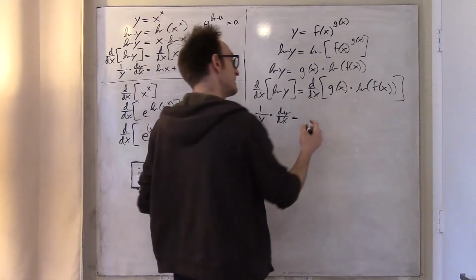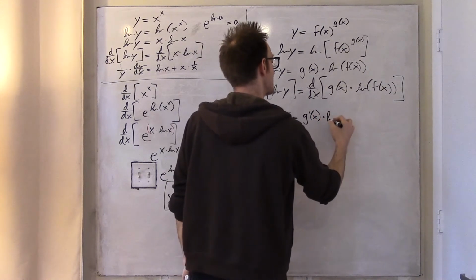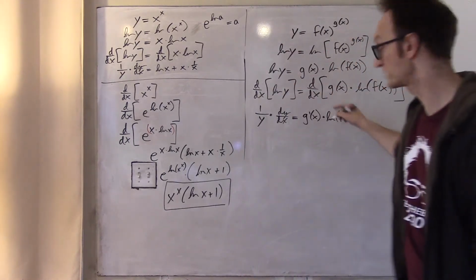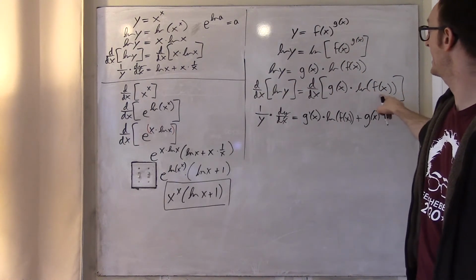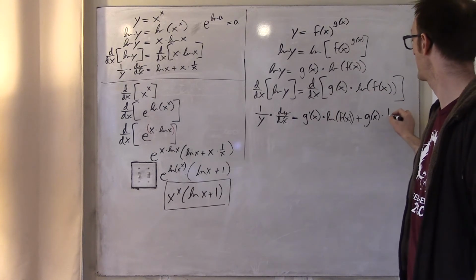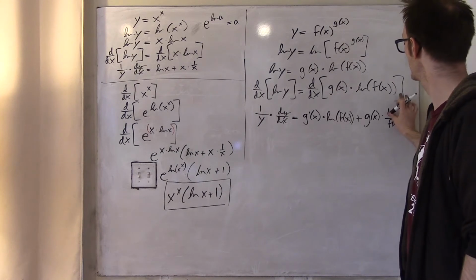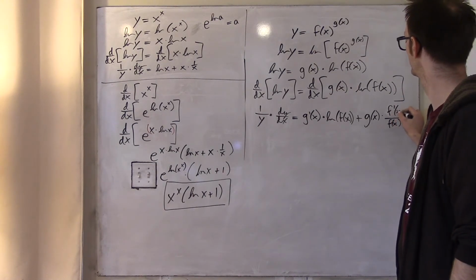The derivative of the first is g prime times the second, ln f of x, plus the first, g, times the derivative of ln f of x, which is 1 over f of x back inside for the derivative of f of x, which is f prime.